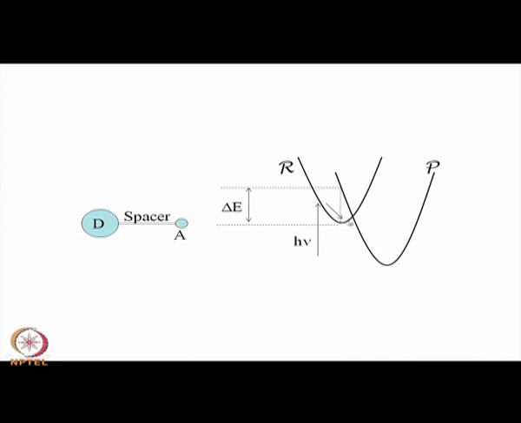The barrier is over here. As if you put a ball, it will move this way and reach point number 2, and then it has got the equal probability of coming back to here or going to this side.